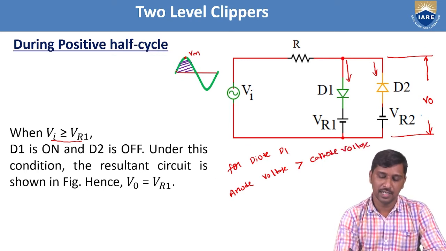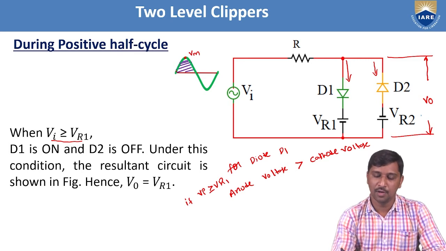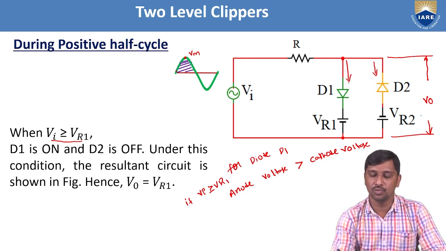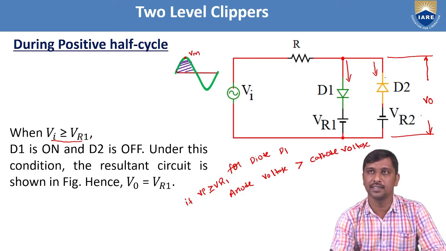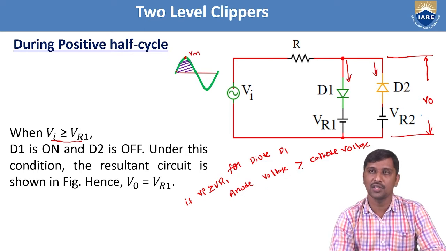So for diode D1, if Vi is greater than or equal to VR1, the anode voltage, meaning the input signal, is passing through the anode of D1. Similarly, the input voltage is passing through the cathode of D2. Whenever the input signal just crosses the magnitude of the given DC reference voltage 1, it satisfies this condition. Thus, the anode voltage becomes larger with respect to the cathode voltage.